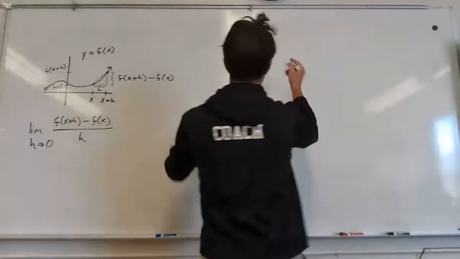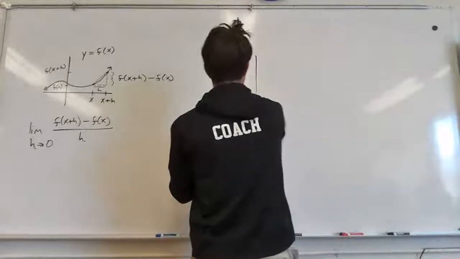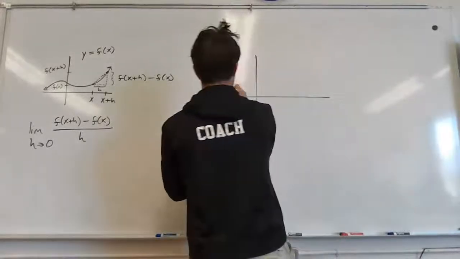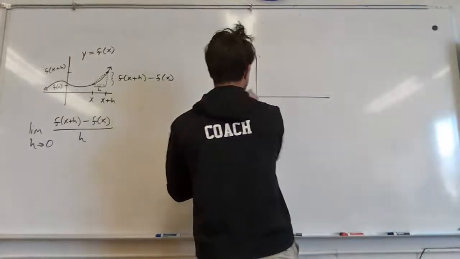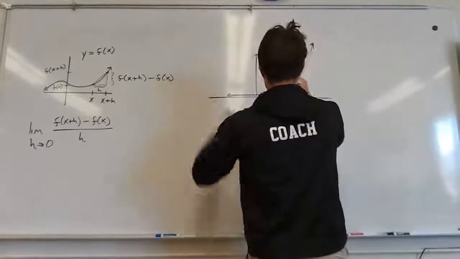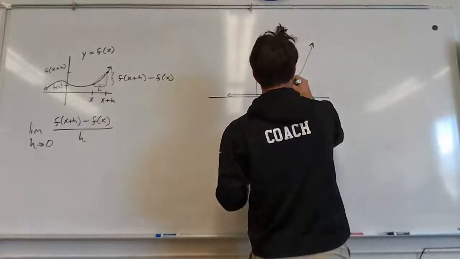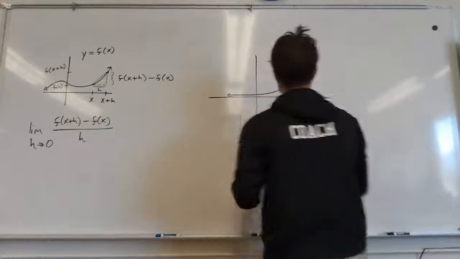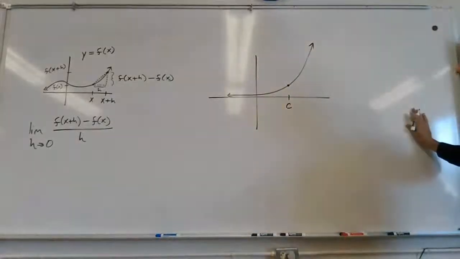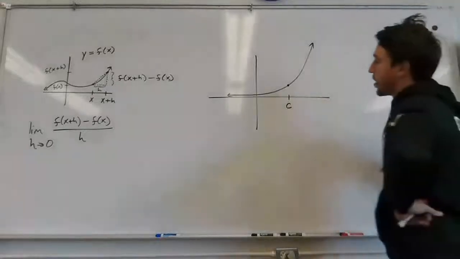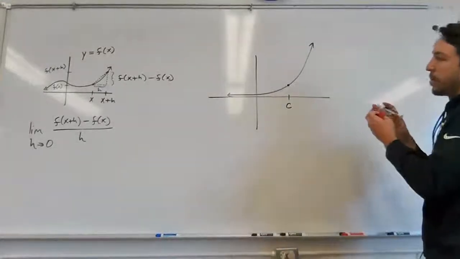Alternatively, this is the alternate definition. This might be a little confusing, hopefully not too confusing. Say some other function. Suppose now you want to know what's the derivative at some value c. What you do is you consider all x values in the neighborhood of c.